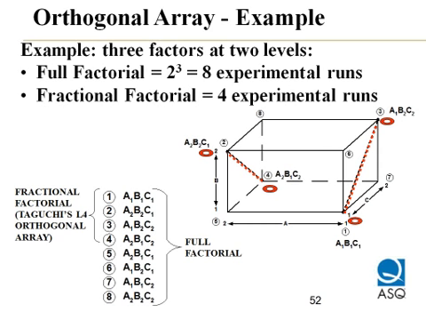Down at the left, just to the right of the circled numbers 1 through 8, we see the 3 factors at each level. For example, run 1 is A1, B1, and C1, so all 3 factors are at level 1.